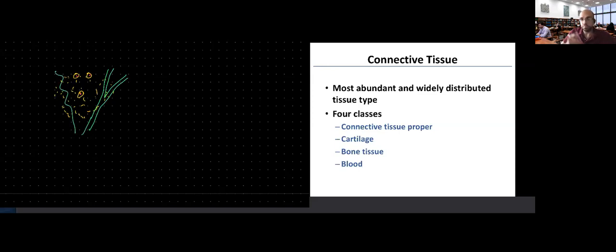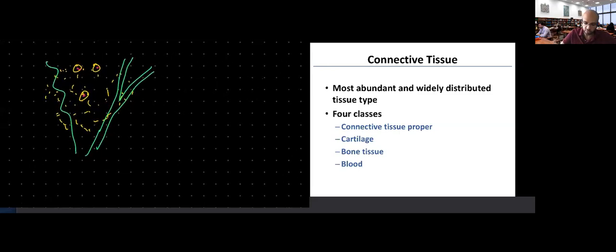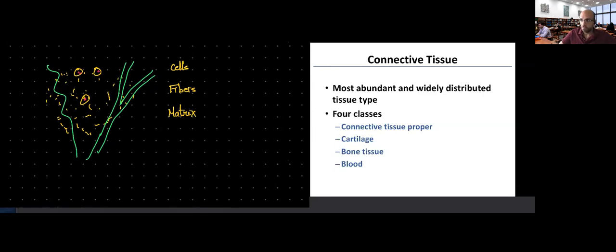So looking at connective tissue, we have three major components: cells and fibers, which are embedded in a matrix. We're going to see different types of cells according to the type of connective tissue we're going to be looking at.